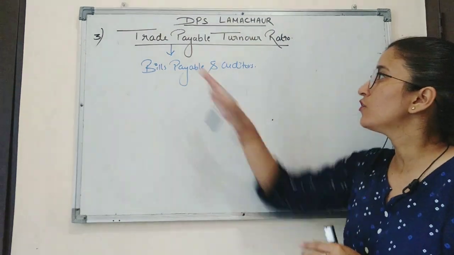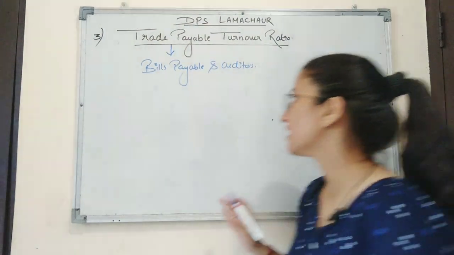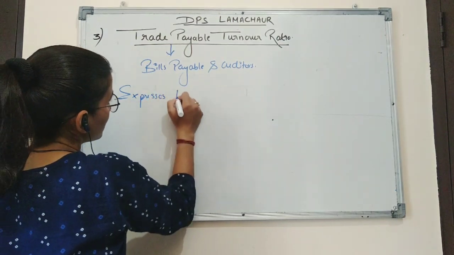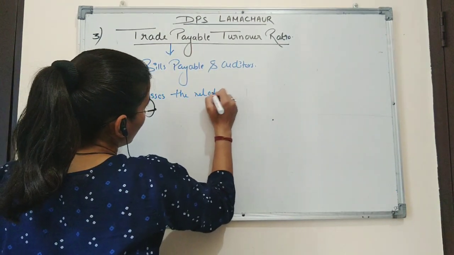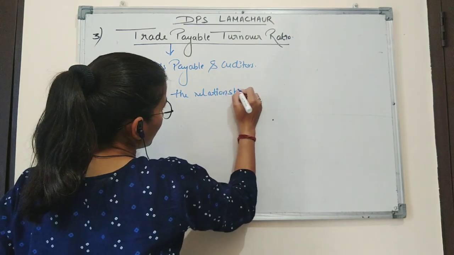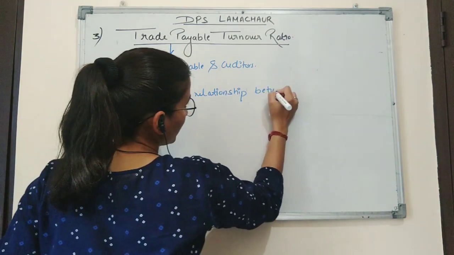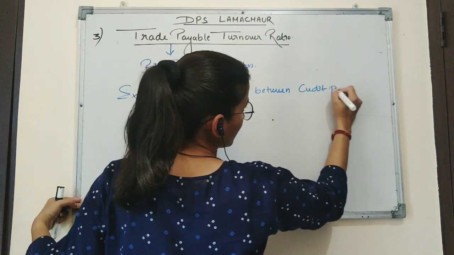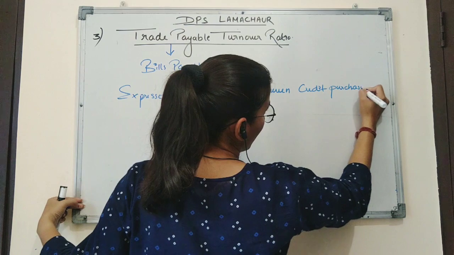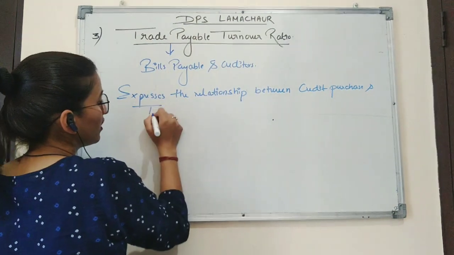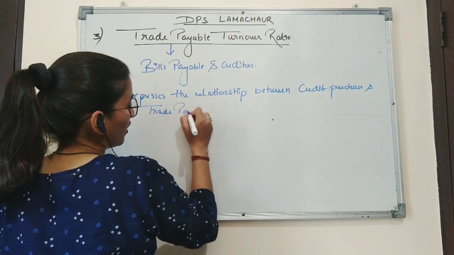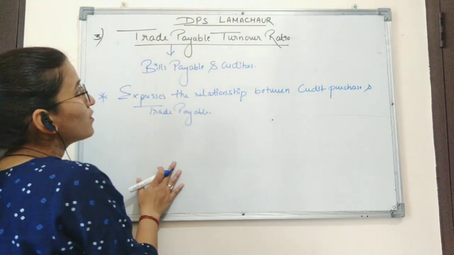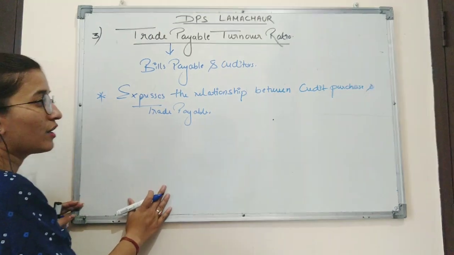Here, the trade payables turnover ratio expresses the relationship between credit purchase and trade payables. So this is just the opposite of the trade receivable turnover ratio.